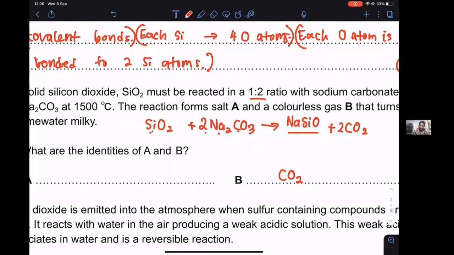So here I have 4 moles of Na, so I just put 4. Si, I have only 1, so put 1. Oxygen, I have 4 oxygen here. How many oxygen do I have over here? 2 oxygen.